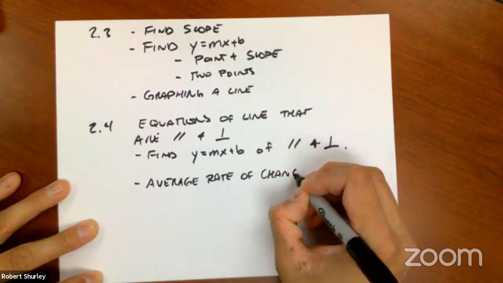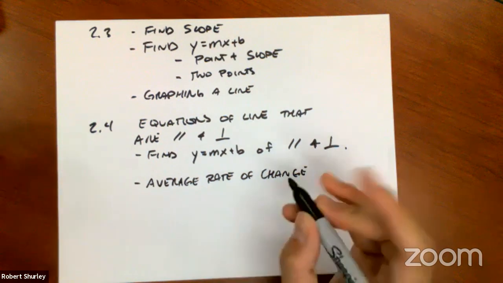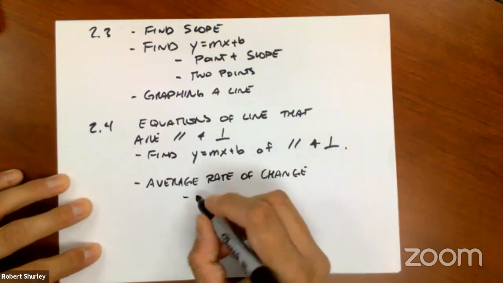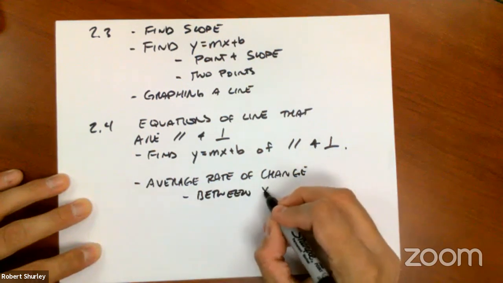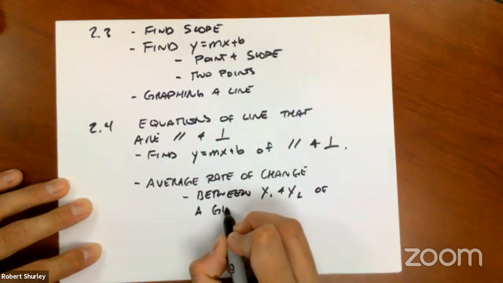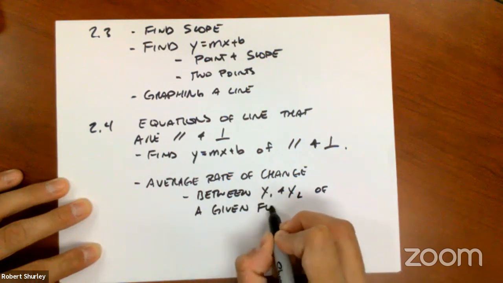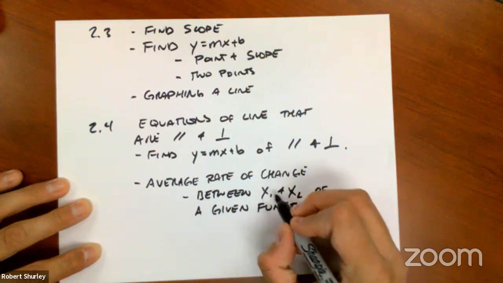On this test, we're only going to look at the average rate of change between x1 and x2 of a given function. If you go back in that homework, you'll see what I'm talking about.